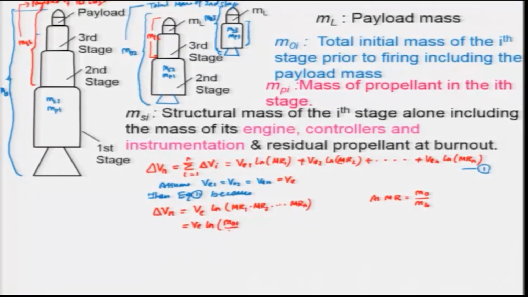VE ln of m naught 1 by mb1 into m naught 2 by mb2, it goes on like that, m naught n divided by mbn. And we know that the burnt out mass is nothing but your m naught 2.